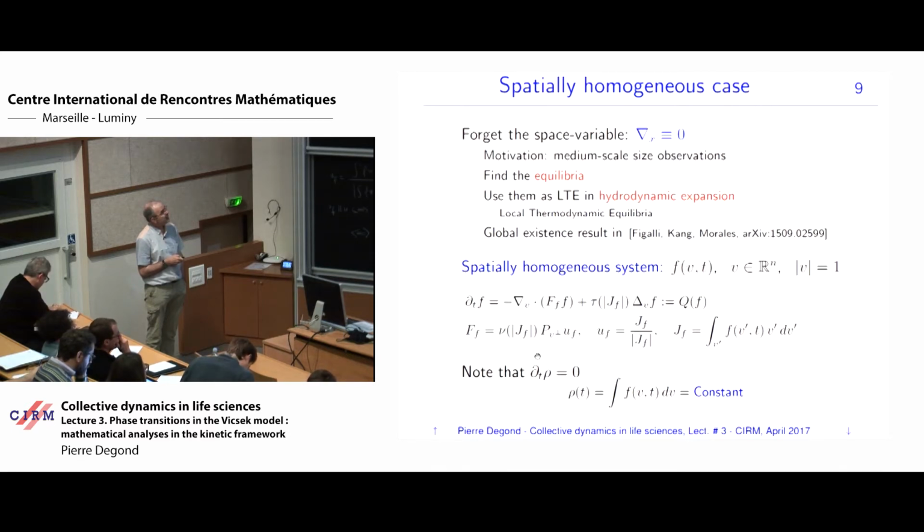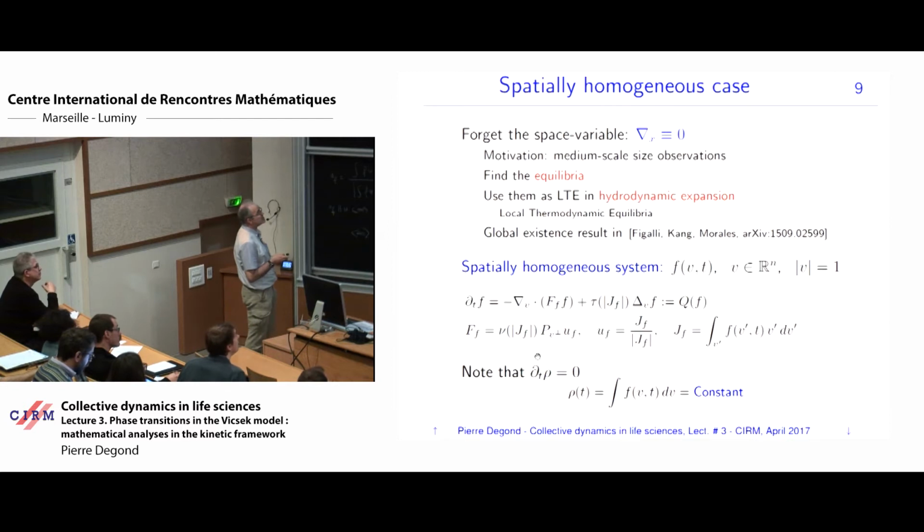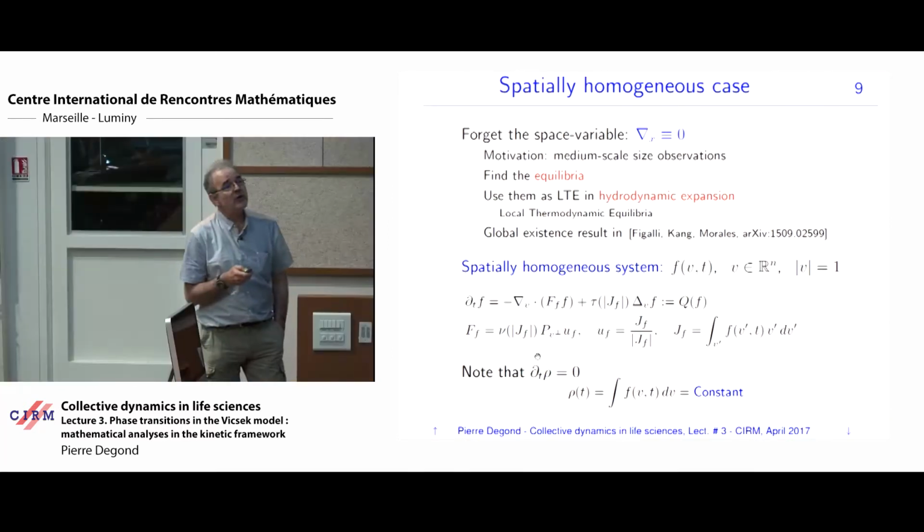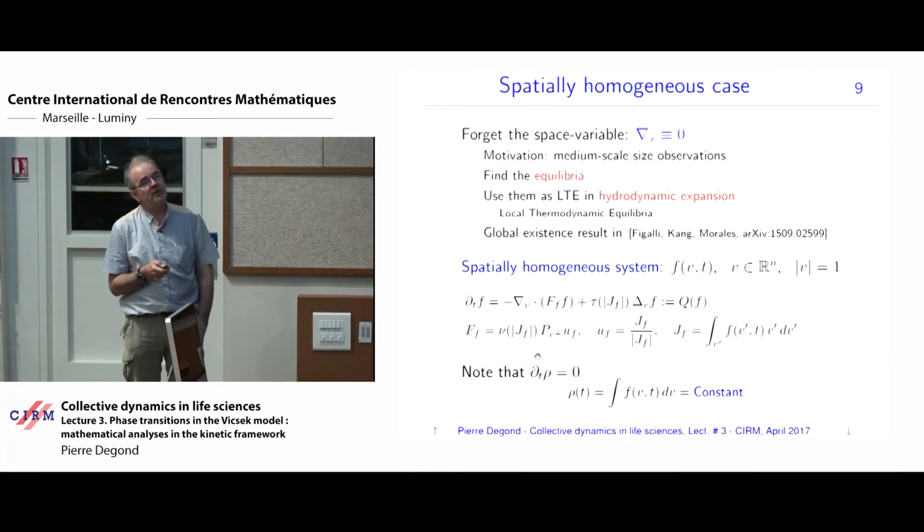So I still have the noise intensity and the alignment frequency. Here the difference with the previous model is that instead of taking them as constants, I'm going to assume that they are a function of, say, the local total velocity of the particles. So they are going to be functions of the norm of J, right?